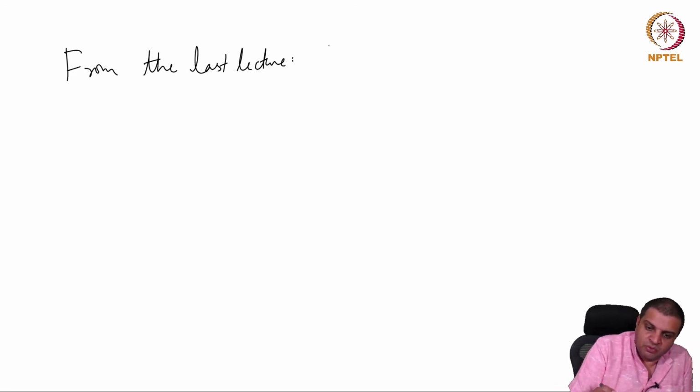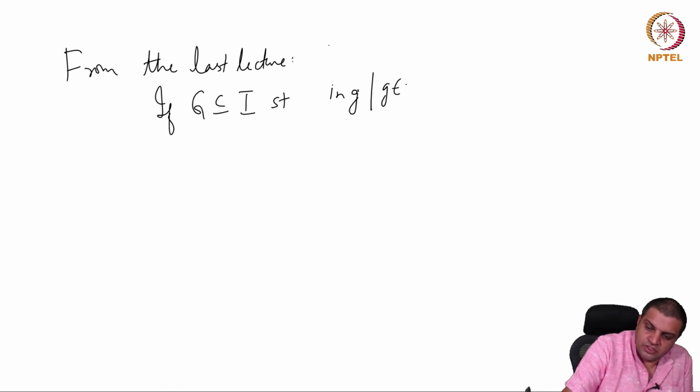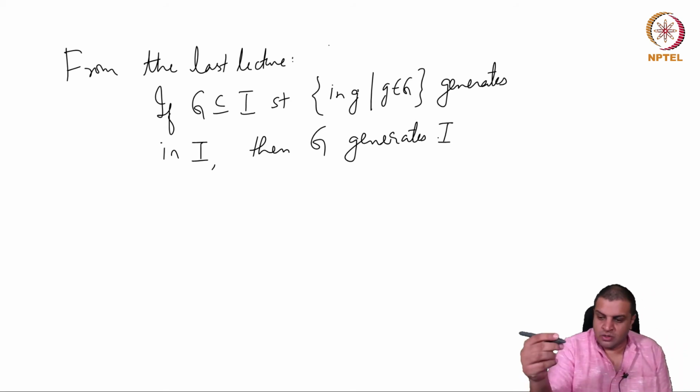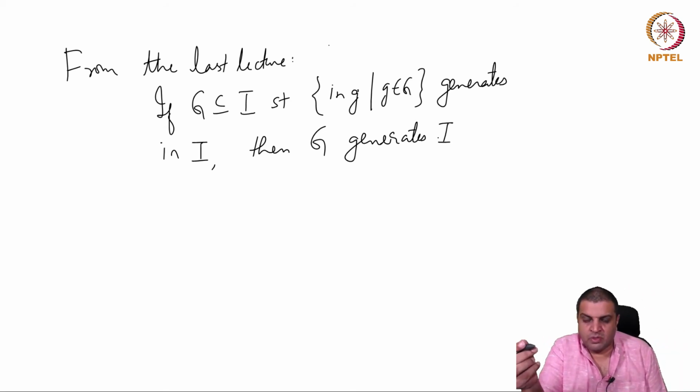What we really proved is that if G is a subset in I such that the initial terms of G generate the initial ideal of I, then G generates I. This was our concrete proof of Hilbert basis theorem, that I has a finite generating set.